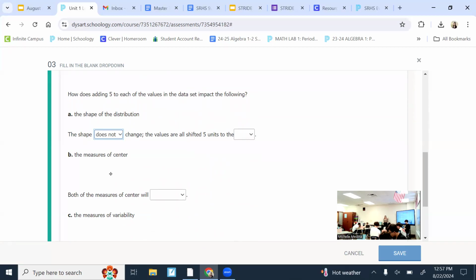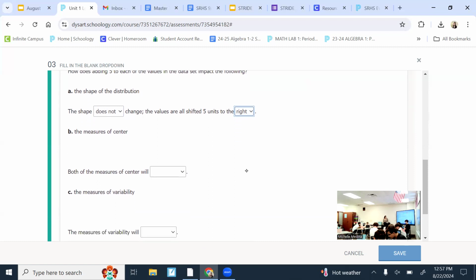I'm changing all the values, so I'm moving the whole shape to the right side. So without even doing the math, I can tell you that. The values are all shifted 5 units to the right, because if I'm adding 5 to each number, as you go to the right on the number line, they get bigger, don't they? Right? So then let's go 5 to the right.